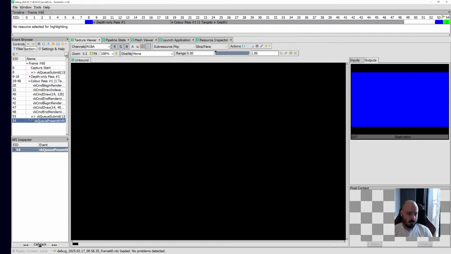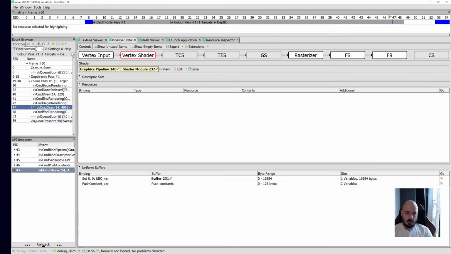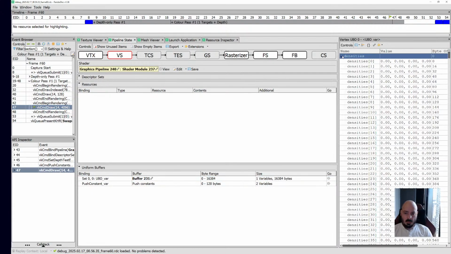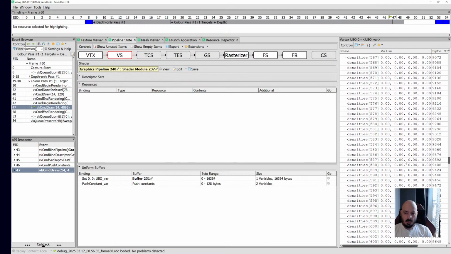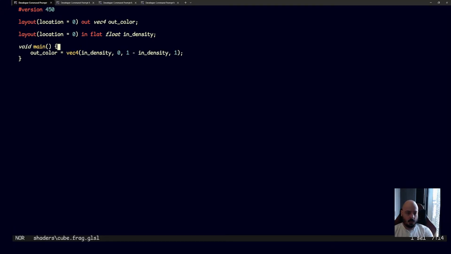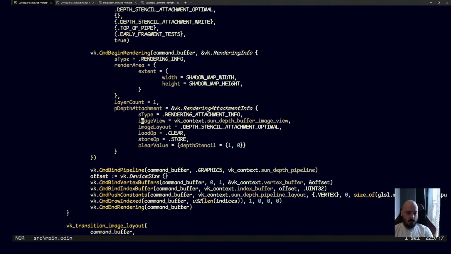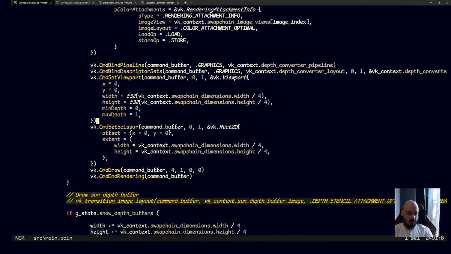That just looks like blue, blue, blue. Big blue. Yeah, alright, densities are all zeros. Huh. Okay, so that's part of the problem. They're all 0 because this... I'm stupid.